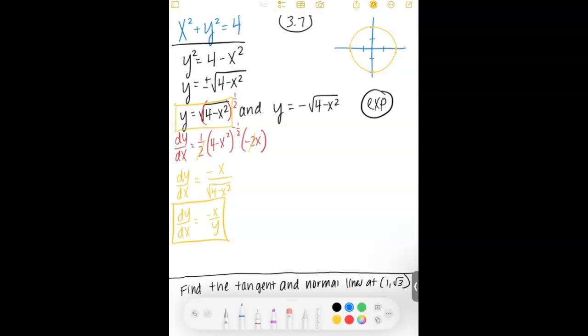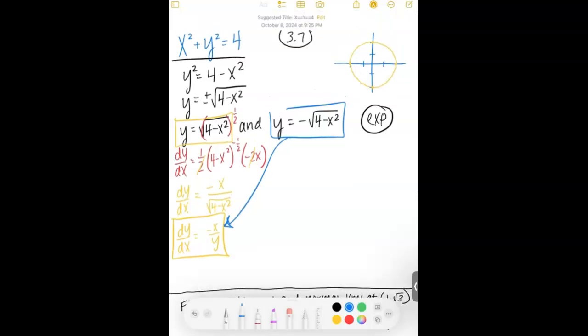For the sake of the video, if we derived the negative root, we would also get that. Remember, one root gets the top of the circle, so that's the positive one, and one gets the bottom of this circle, which is the negative. If we derive both of them, we would get negative x over y. Feel free to try with the negative root, you would still get negative x over y.